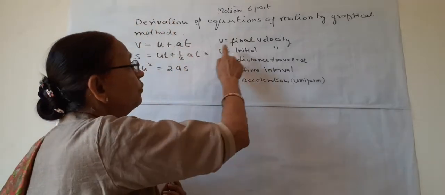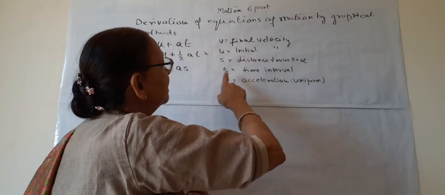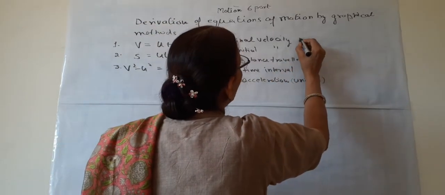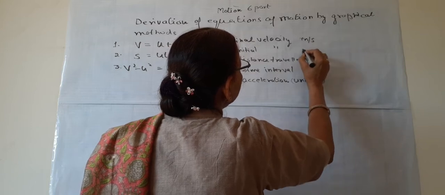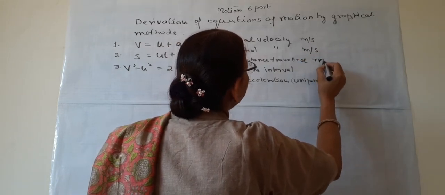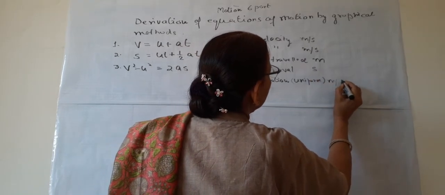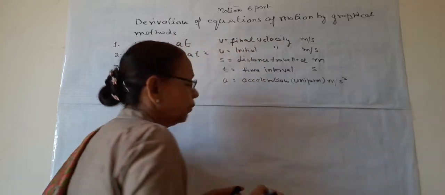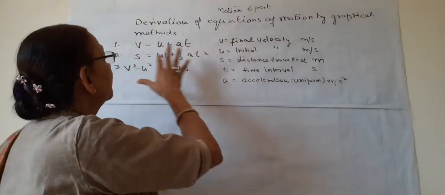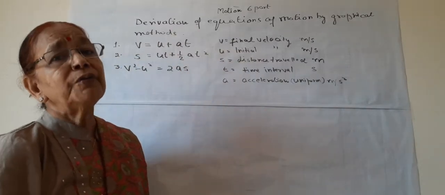All of you know v is final velocity, u is initial velocity, a is acceleration, t is time, s is distance, and their SI units are: distance in meter, time in second, velocity in meter per second, and acceleration in meter per second square. These are the notations used in the 3 equations of motion.